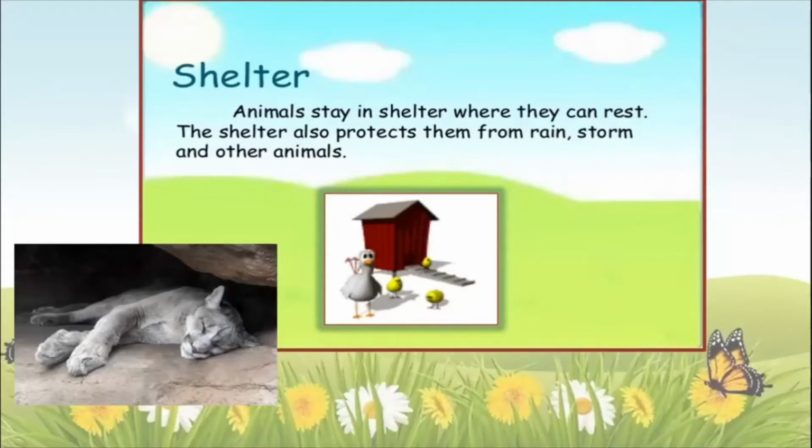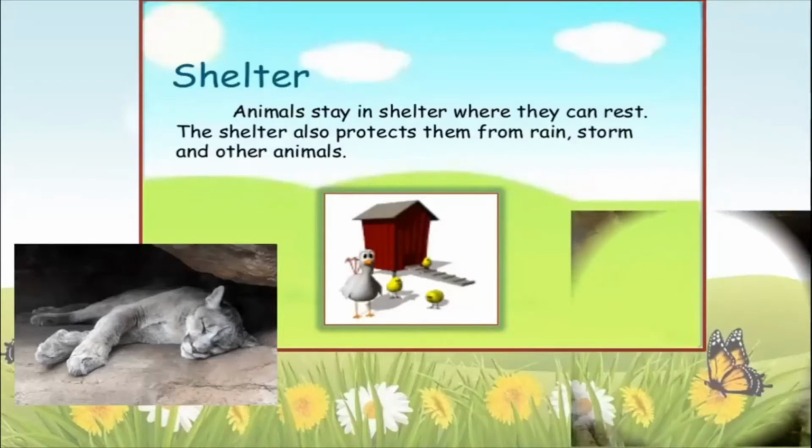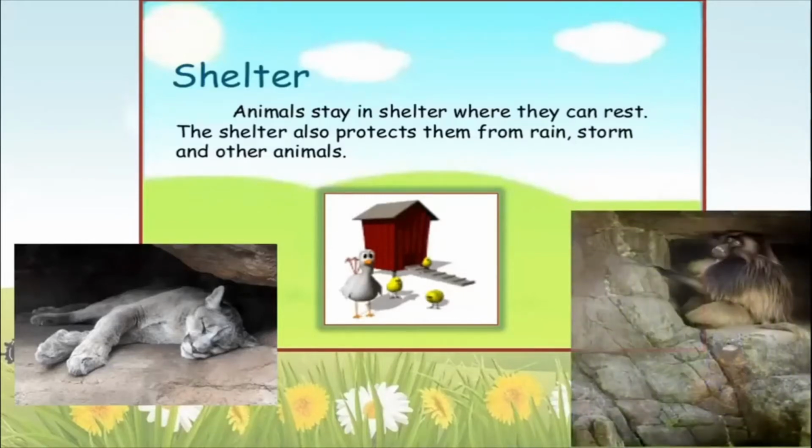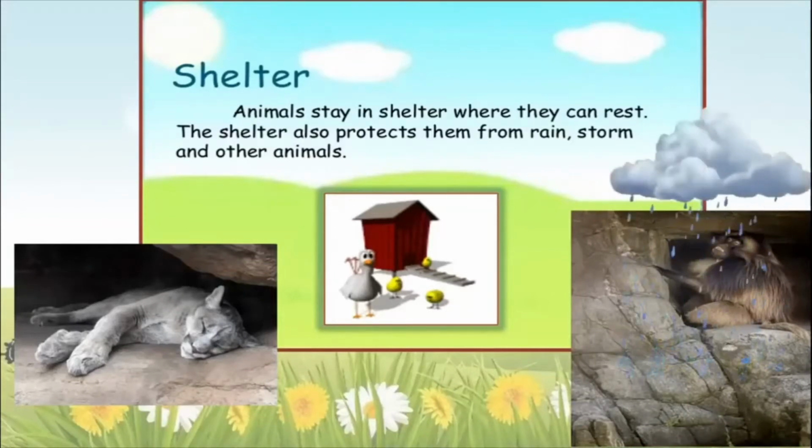Okay, children? Now there is something else also. The shelter protects these animals not only from their enemies, like you saw with the cat, but also from rain and from storms. When there is a heavy rain, see this monkey, what it does?